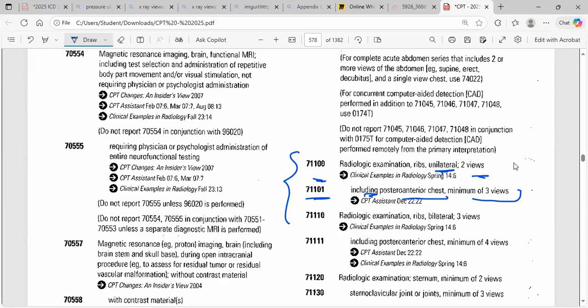But what if the doctor did one view? How are we going to bill the one view? We just have these two codes for the ribs. Unilateral means one side, either right or left. So how are we going to bill this one view?